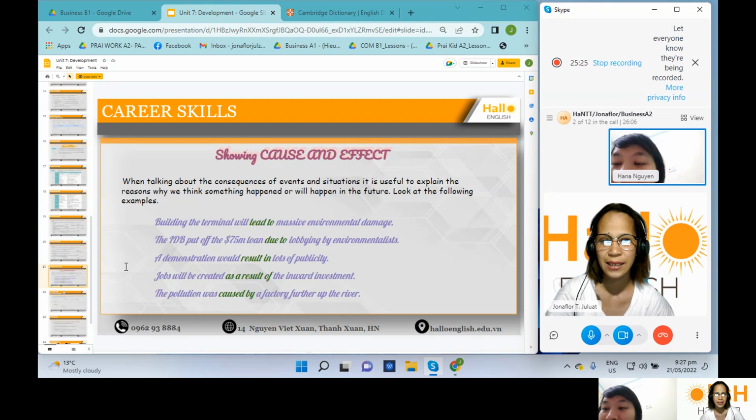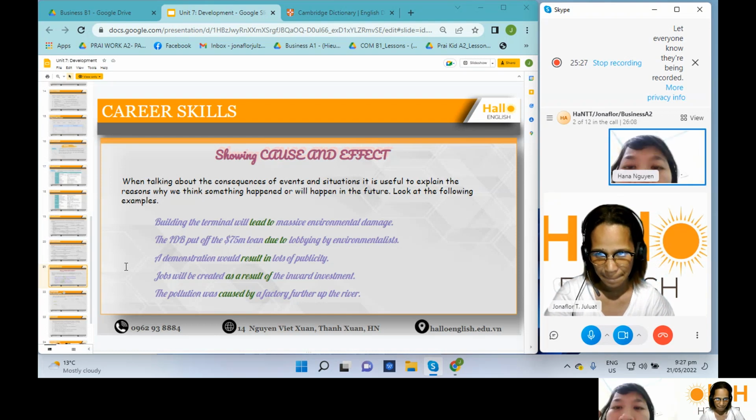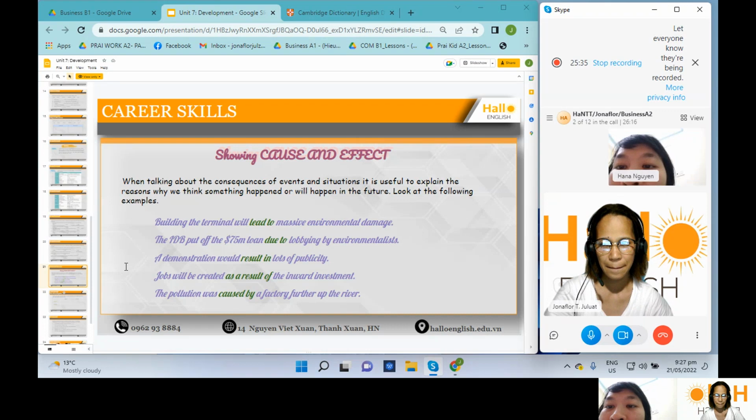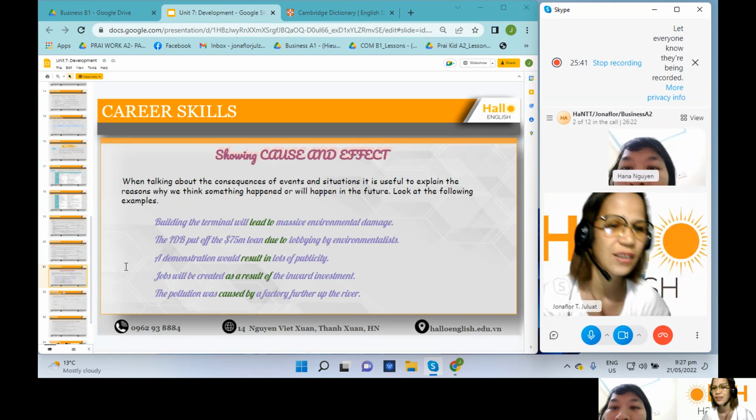How about the third sentence? Demonstration would result in loss of publicity. The use of "result in." Where is the cause?